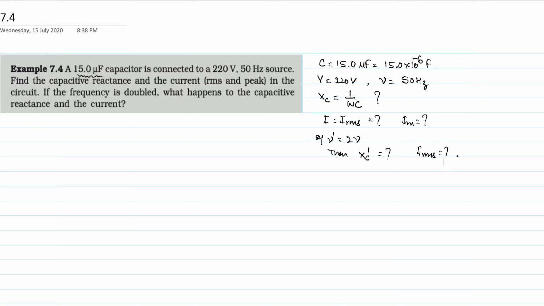Now to start with, the solution of this problem: the capacitive reactance is the first thing asked from you.